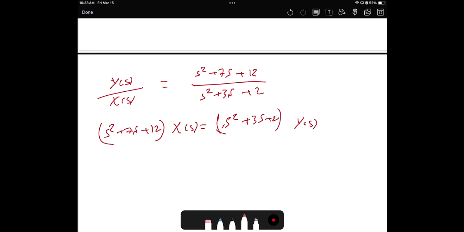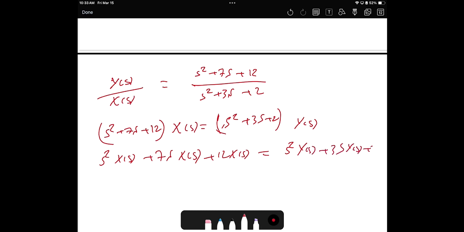Okay? Now, let's do the products. This yields s squared x of s plus 7s x of s plus 12 x of s equals s squared y of s plus 3s y of s plus 2 y of s.